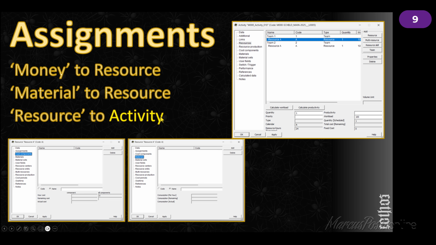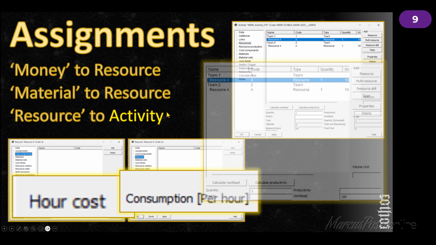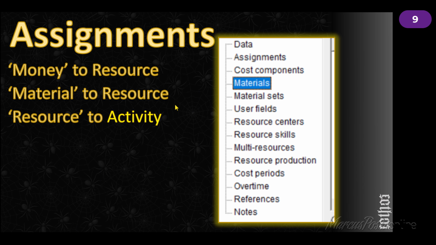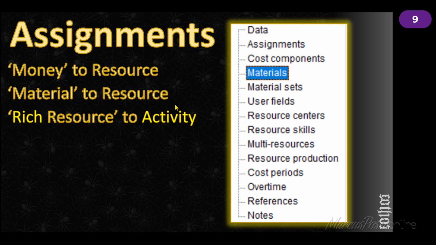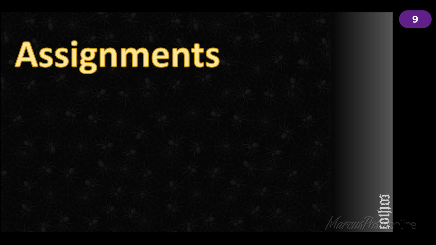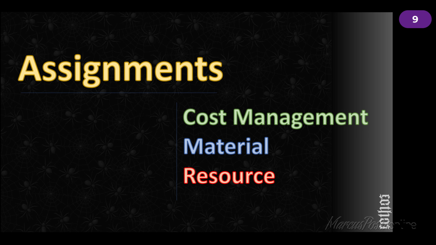Let's see. I have talked about this and this. Not to forget anything: materials, resource, activity assignments, just to remind you. Activity is the work to be done, the work to be completed.